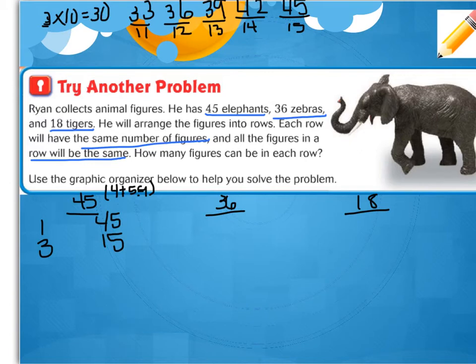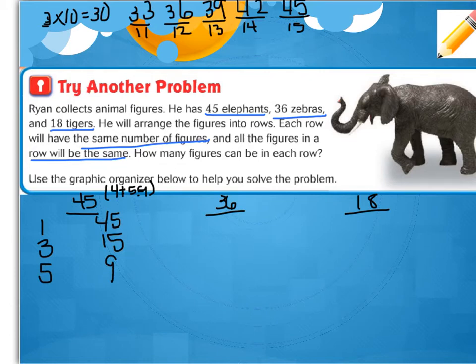4, well, 45's not even, so 4 should not be a factor of 45. I can also say that I know that 4 times 10 is 40, and 4 times 11 would then be 44. So 4 won't work. But 45 does end in a 5, so 5 is a factor, and 5 times 9 is 45.